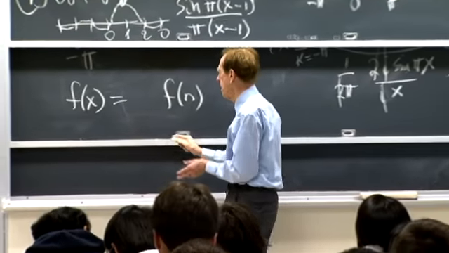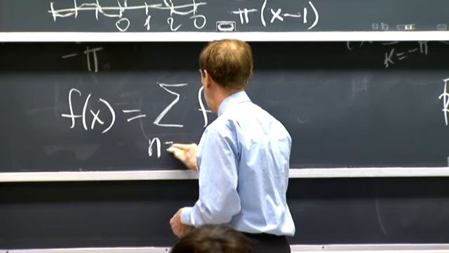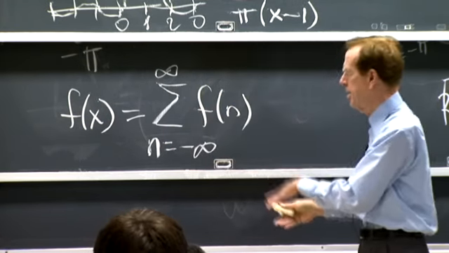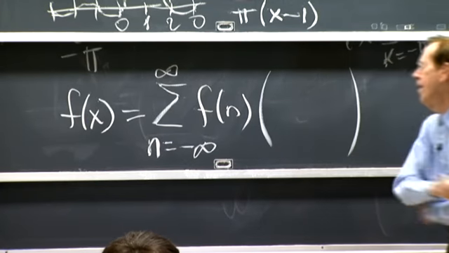Okay, now it's going to be a sum from n equal minus infinity to infinity, because I'm going to use all the f of n's to produce the f of x. And now what do I put in there?